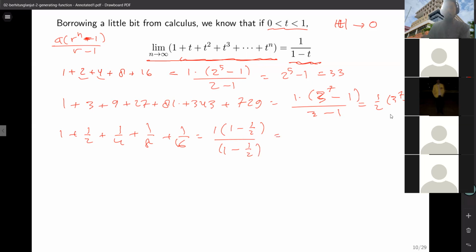So this gives us, of course, (1 minus half to the power of 5) divided by half, right? Now, what if we have something like this?